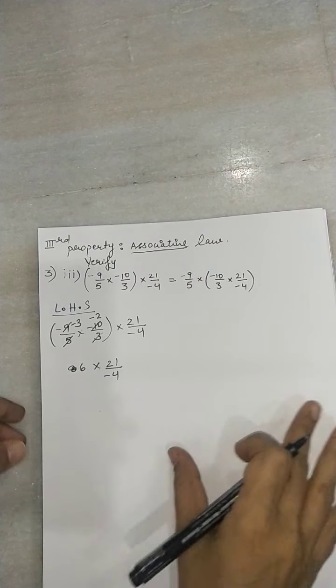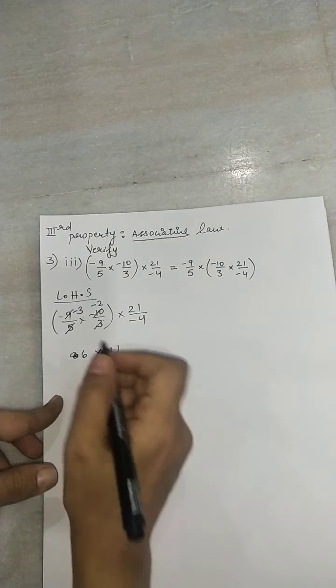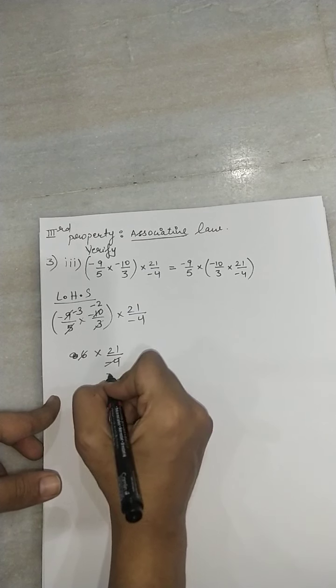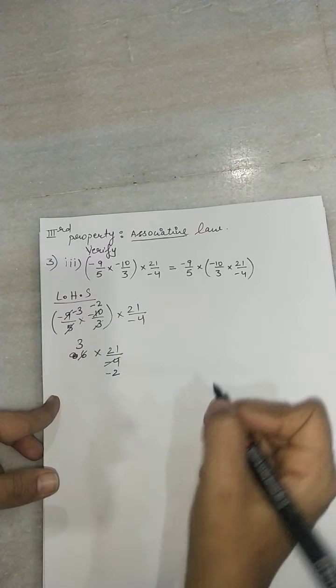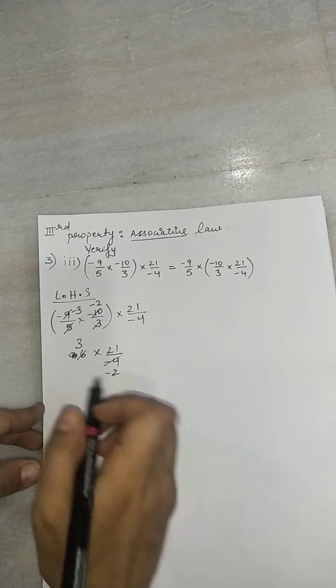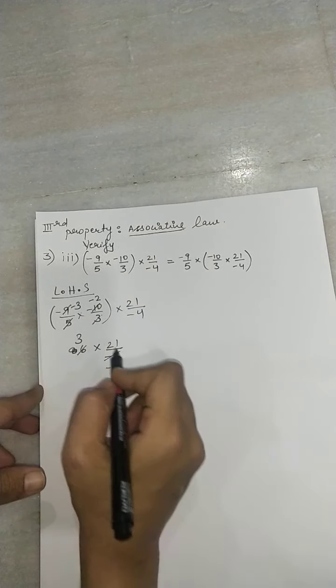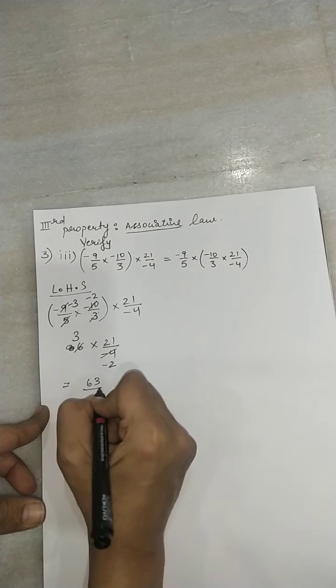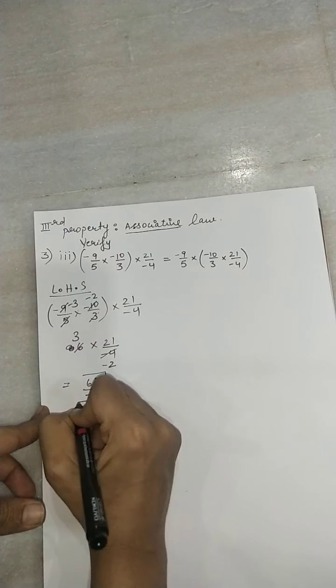Now again I can convert to the lowest term. The highest common factor is 2. 2 into minus 2 and 2 into 3. Now can I cut anything? No. So 21 into 3 is 63. So my LHS is 63 upon minus 2.